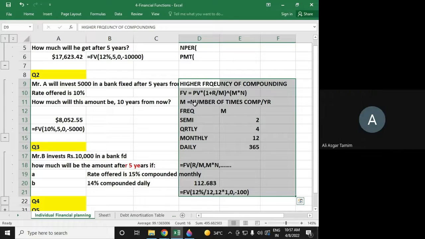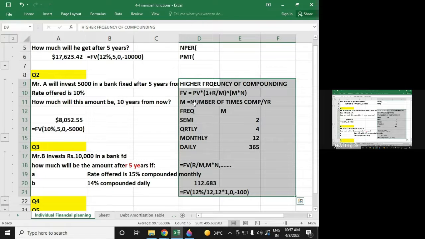So just a doubt, इसमें number of days 365 लेना है या 360 लेना है? 365. Full. Okay.